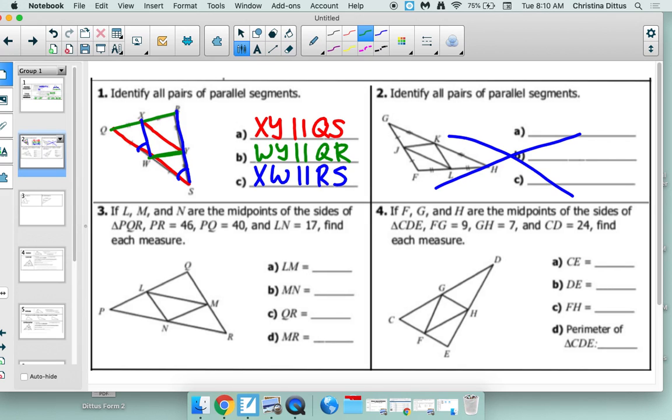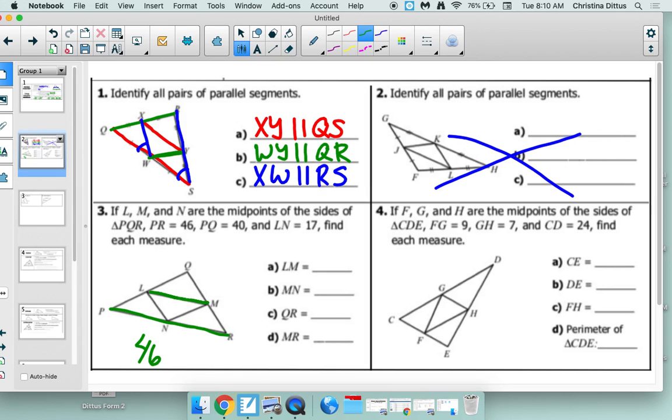So here it tells you that L, M, N are midpoints. All that tells you then is that all of these segments in between are midsegments. Okay, then it tells me PR is 46. So which line is the midsegment parallel to PR? LM.